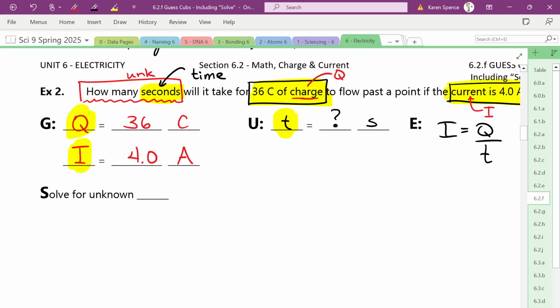Now we want to solve for our unknown, and the unknown is time. So we have I equals Q over T. We can put that I over 1.